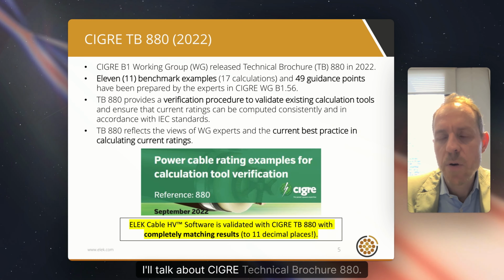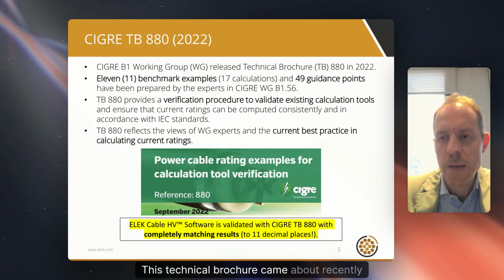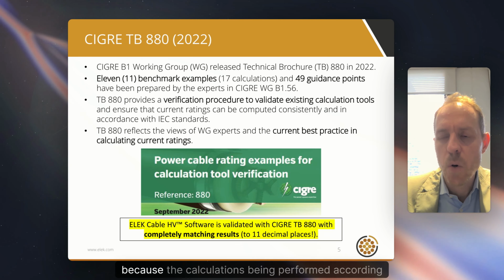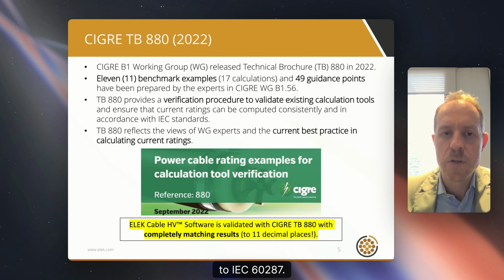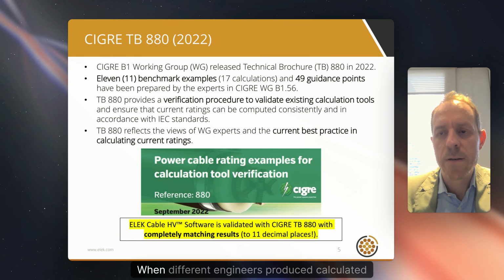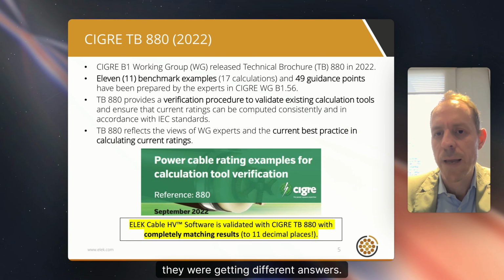I'll talk about CIGRE Technical Brochure 880. This technical brochure came about recently because when different engineers performed calculations according to IEC 60287, they were getting different answers.